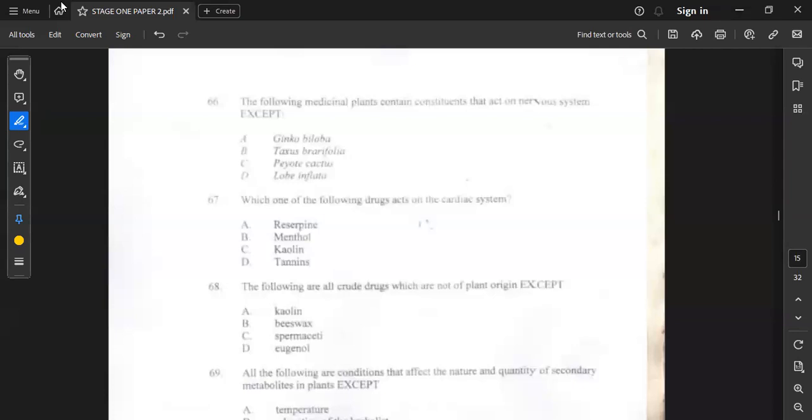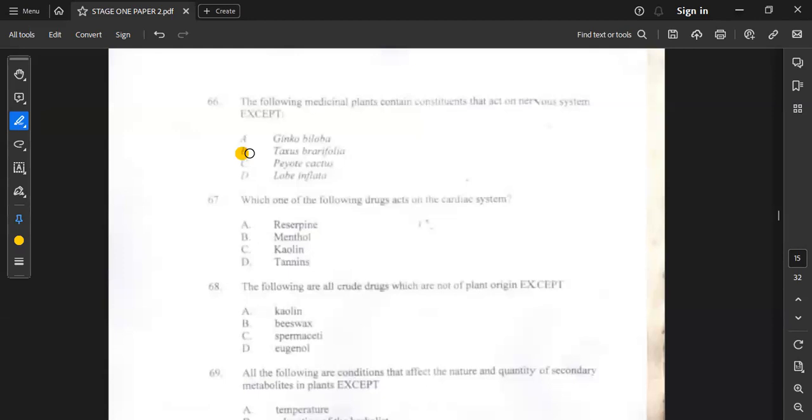So does taxol act on the nervous system? Maybe we could go for B. Taxus brevifolia is used to treat breast and ovarian cancers.